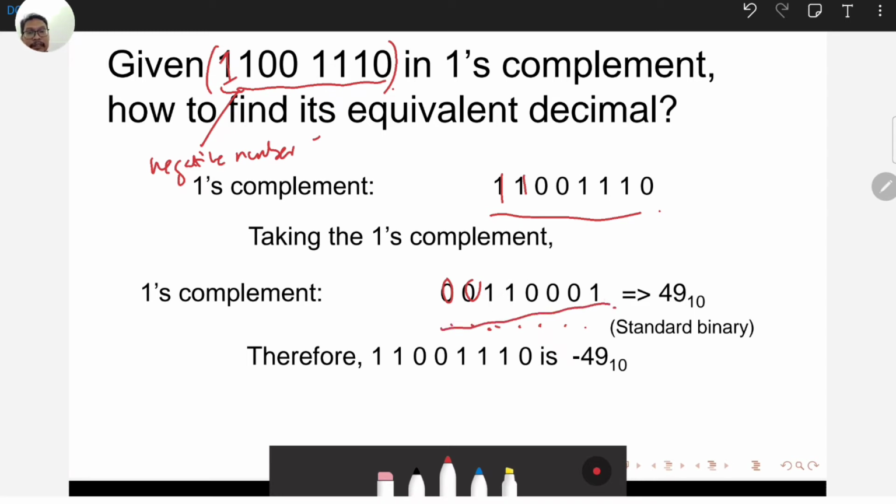Here we see this is 2 to the power 0, 2 to the power 4, 2 to the power 5. If we sum up 2 to the power 5 plus 2 to the power 4 plus 2 to the power 0, we get 49 in decimal. Therefore, this number that we have converted becomes negative 49 in base 10.